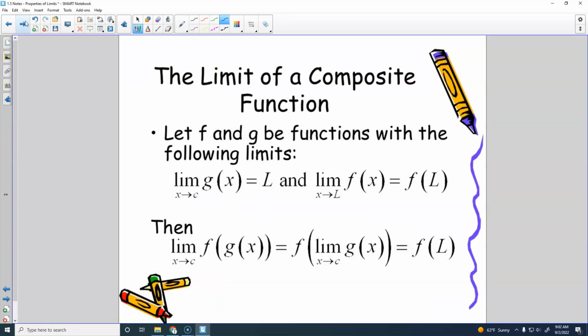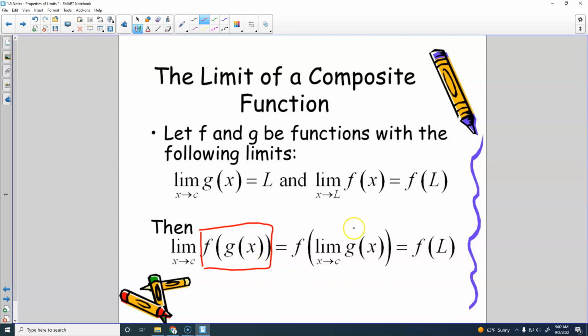Okay? Now, these can be a little bit more confusing. So, the limit of a composite function. Composite functions, that's when we're talking about this right here, f of g of x. So, if we are doing the limit as x approaches c of g of x, we get L. The limit as x approaches L of f of x equals f of L. So, whenever we have the limit of f of g of x, we want to do the limit of the inside part first.